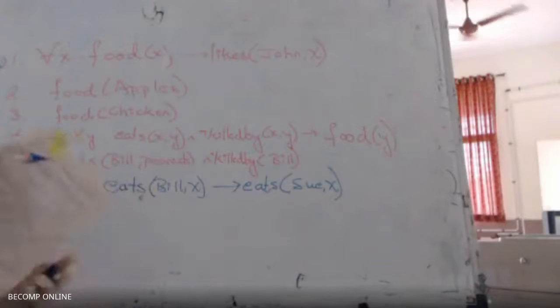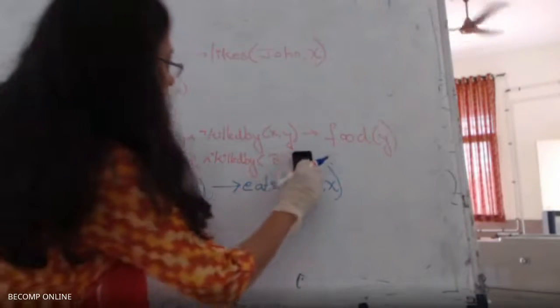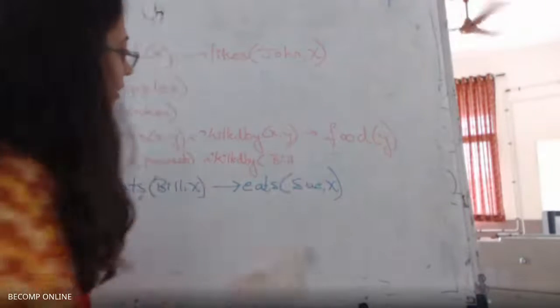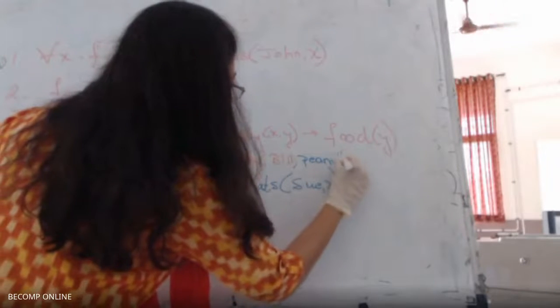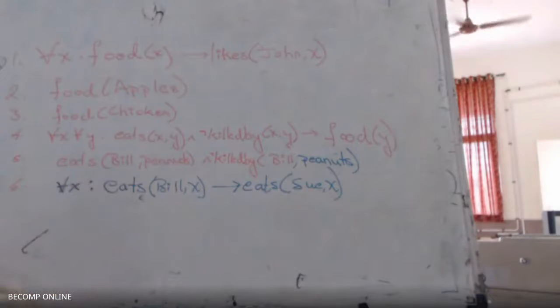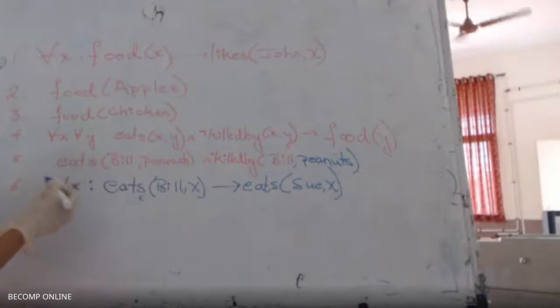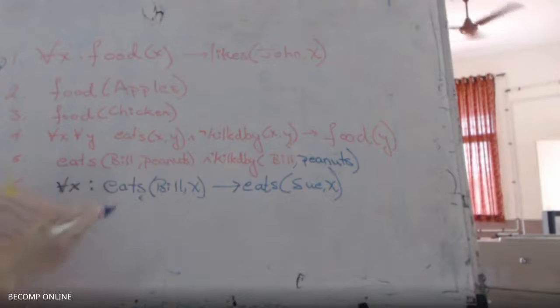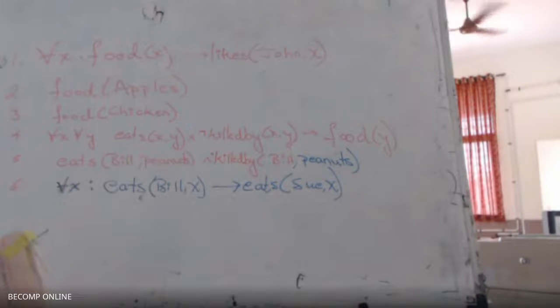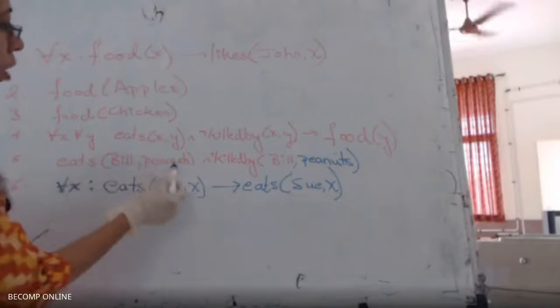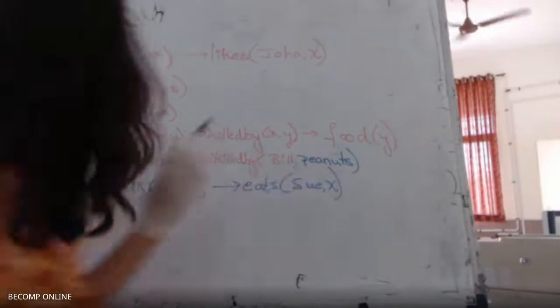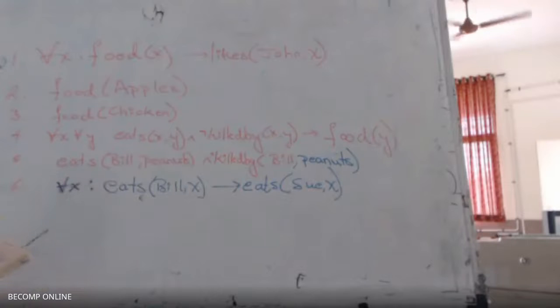It is not killed by Bill, Bill is not killed by what? By peanuts. Because of the blurring, I wrote half only. And the sixth is, what was the sentence there? The fifth fact was, Bill eats peanuts and is still alive. So we have to write eats Bill, peanuts and not killed by Bill, peanuts. So these are the 6 facts that are there.